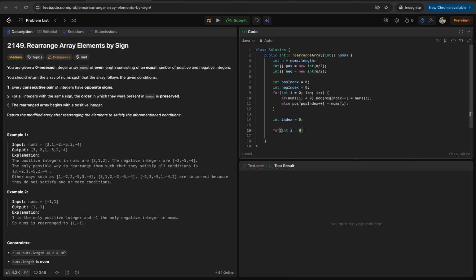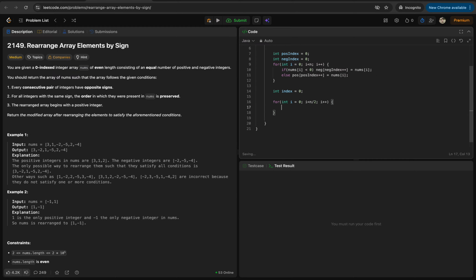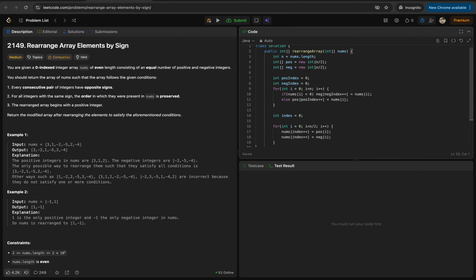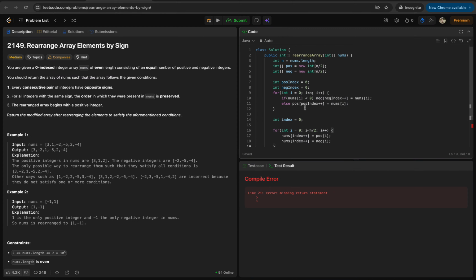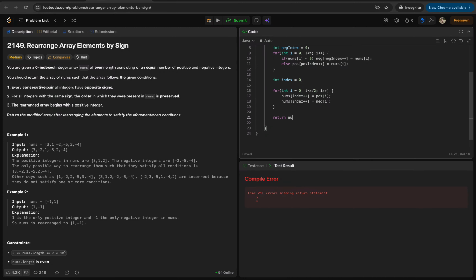For int i equals 0, i is less than n by 2, i plus plus, and then nums index plus plus equals positive i, then nums index plus plus equals negative i. That's it. Return the same array nums.